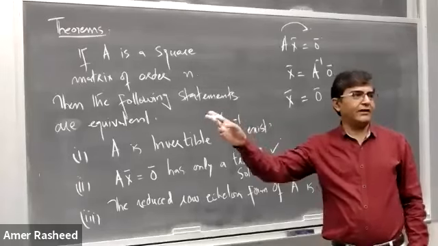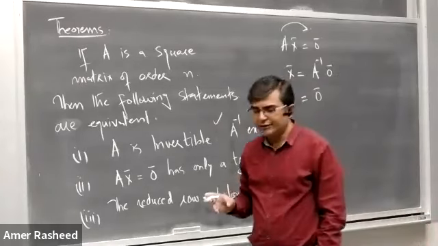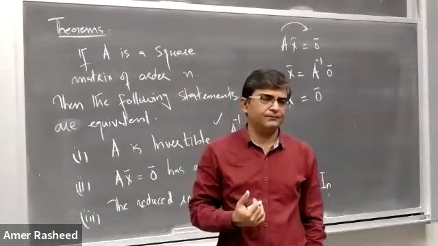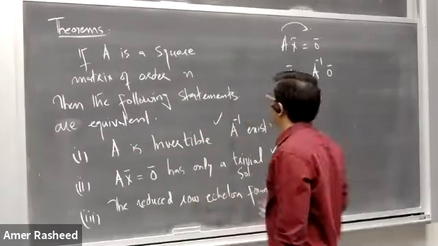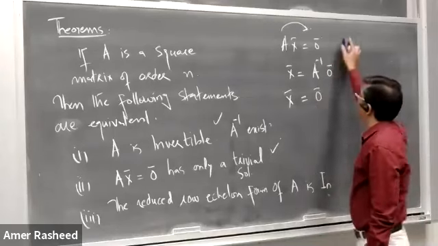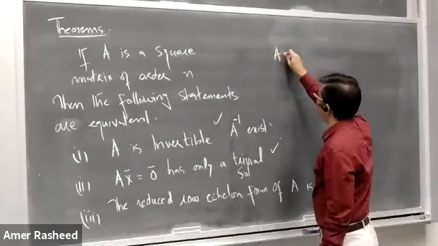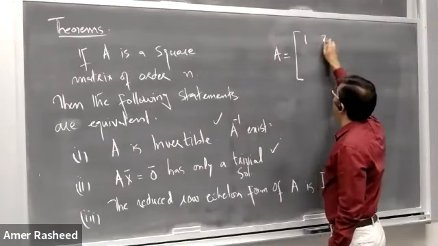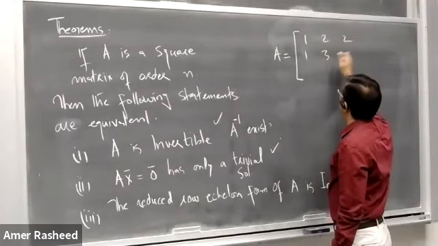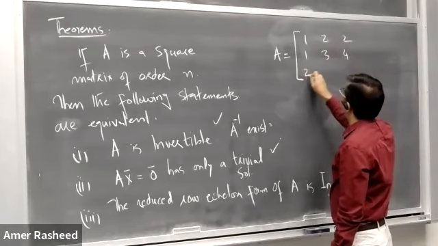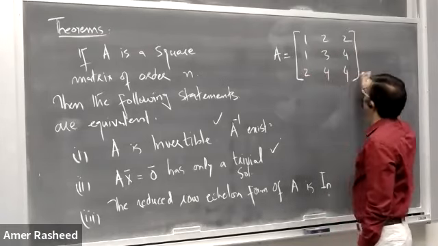At the start of the lecture, I told you that it is not always necessary that a square matrix has an inverse. For example, I'm going to write a matrix here. Check it yourself: 1, 2, 2; 1, 3, 4; and 2, 4, 4.